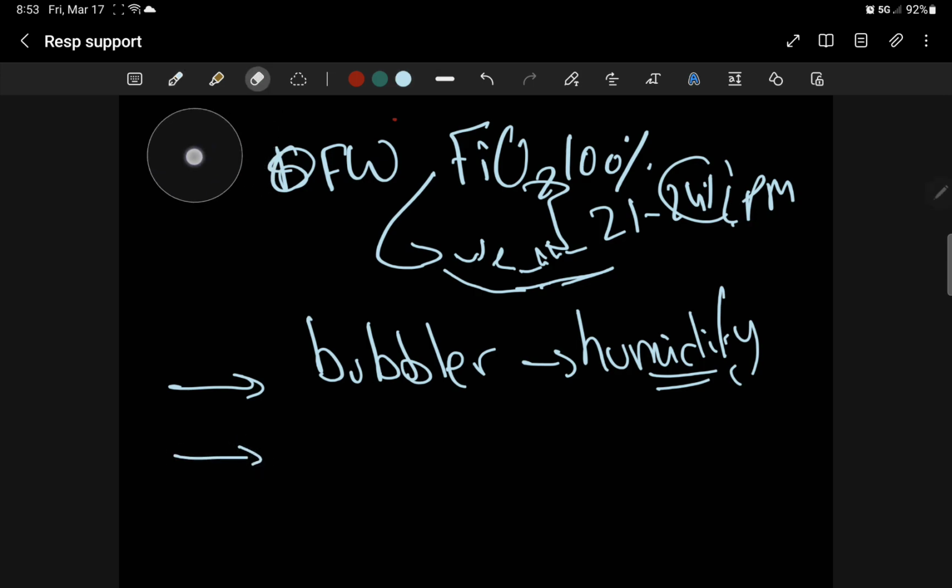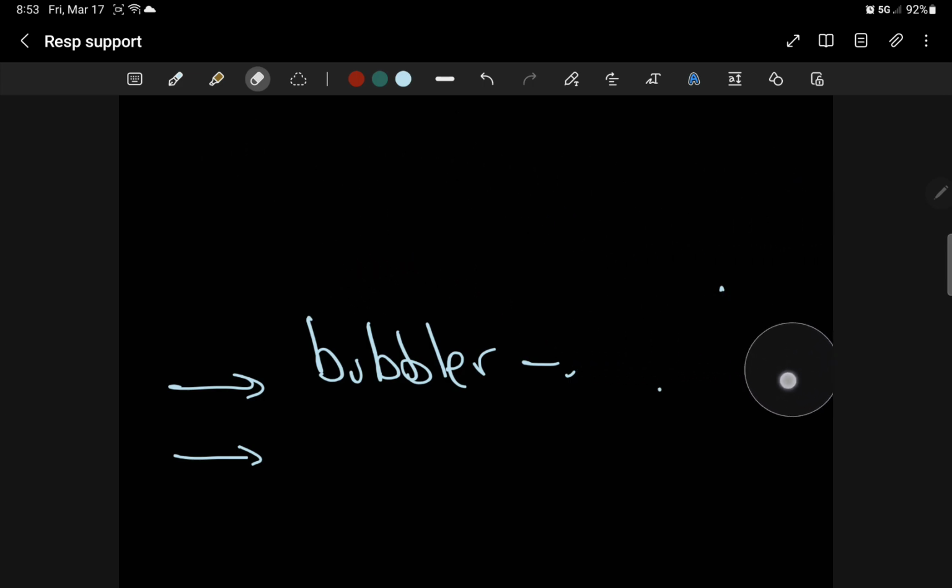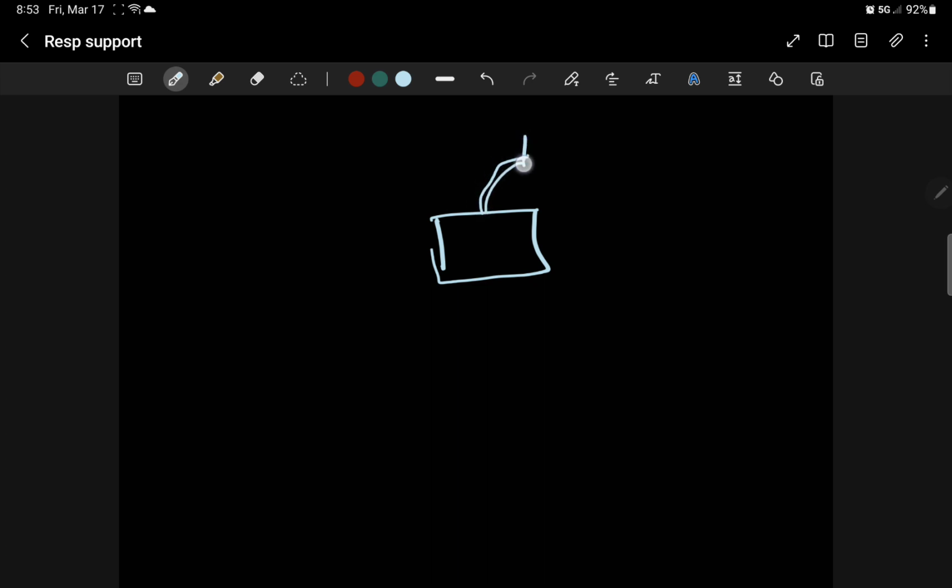So when we have Vapotherm, basically, the machine looks like this. That's the machine. It has a tube that comes out, hooked to a normal saline.